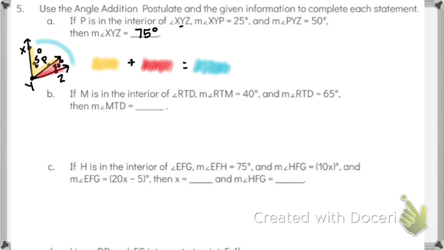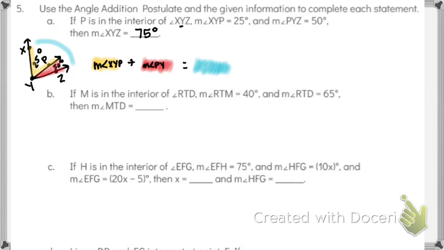Now let's write out their names. The measure of angle, and then look at the yellow one. The yellow one is this one right here, and the letters are XYP. Or you could have put PYX. That would have been the same thing. Now let's look at the red one. The red one is this one right here. This angle is called PYZ, or ZYP, whichever one.